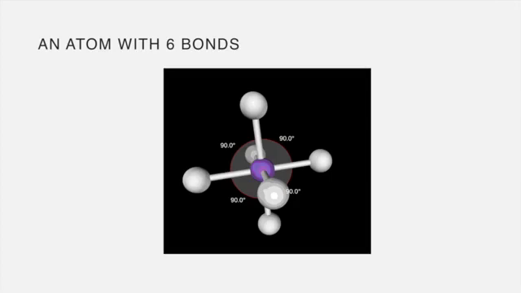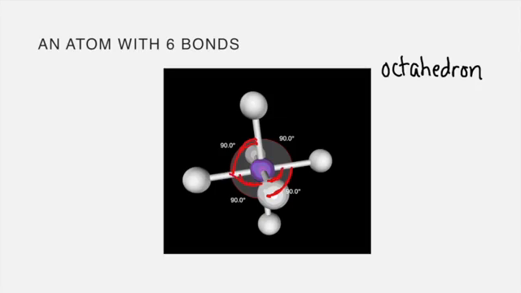This is called an octahedron, which you may have heard of before. So the thing about octahedrons is that these have all 90-degree angles. So every single bond angle on this is 90 degrees. So if you were to look at this bond angle, that's 90. This bond angle is 90. This bond angle is 90.